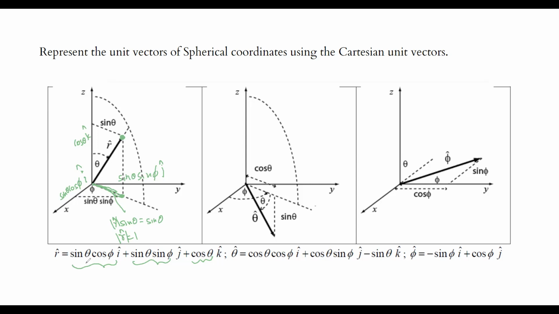So magnitude along i hat will be sine theta cos phi, along j hat sine theta sine phi, and along k hat cos theta. Likewise, we can do the same thing for the other two unit vectors as well.